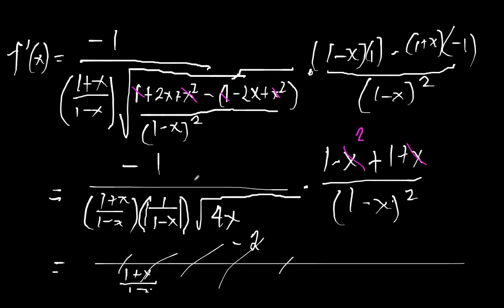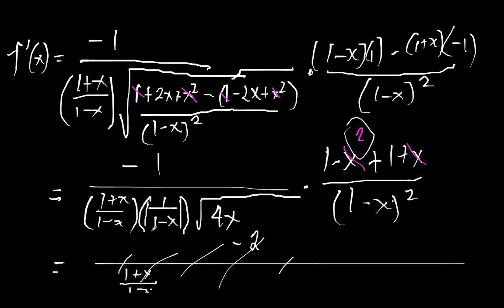This is equal to negative 1. Oh, this is supposed to be negative 2 because of this. So negative 2, and the denominator, we can simplify this.